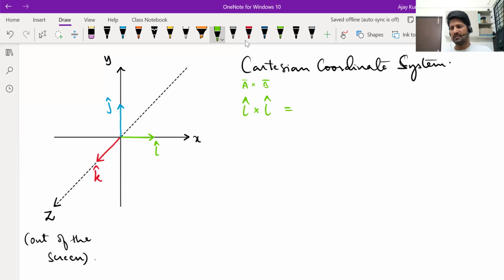Not just I cap cross I cap, any vector cross itself, the cross product is 0 because the angle is 0. Their magnitudes are 1 and 1, but the angle between them is 0. So the answer is a null vector. Similarly, J cross J, K cross K also.